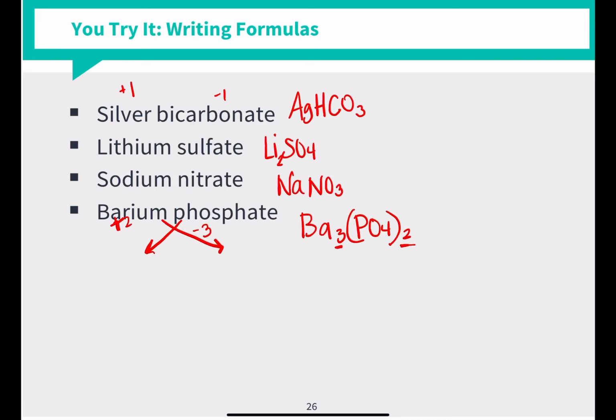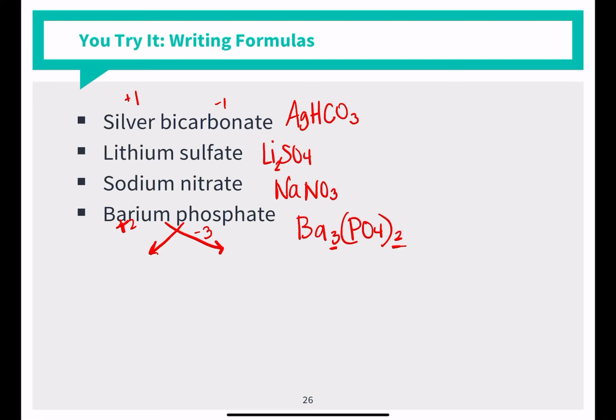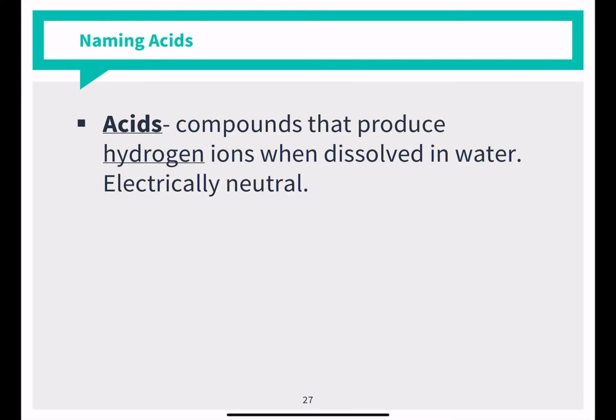Okay? I hope you all did well on that. Writing the formula is a little bit trickier than naming the compound with these guys because of those charges and the parentheses and all of that type of stuff. I want to talk about one other thing, and they are acids. I don't know if you talked about pH ever before, but we have a pH scale.